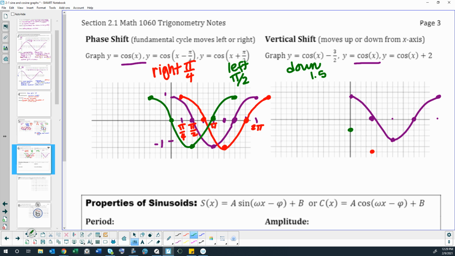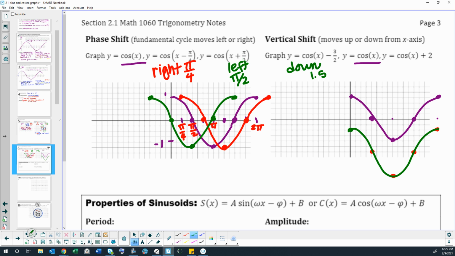I don't know why I changed colors. And this point's going to go down, I don't know where, 1, 2, 3, 4, 5, 6, about right there. And this point's going to go down 1, 2, 3, 4, 5, 6 to about there. I'll go there. And then for this one too, I decided to switch the color on me.